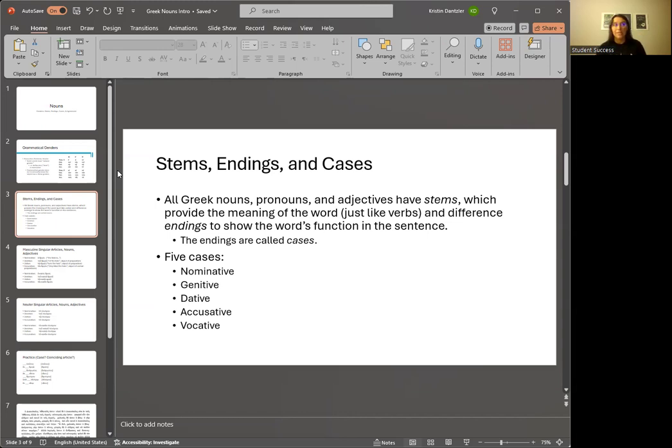Genitive has two potential purposes. Most of the time it's going to be the object of a preposition, of very specific prepositions. Certain prepositions will provide the genitive case, but sometimes you'll see the genitive case by itself without a preposition. When it's without a preposition, it means of something.